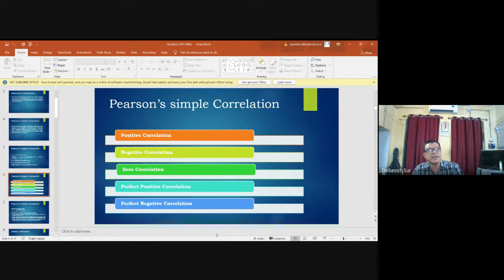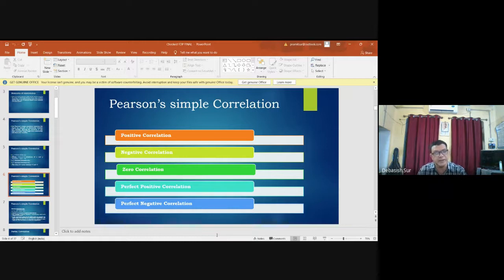That means if we find mathematically a correlation between size of shoes and intelligence score, then this correlation is called spurious correlation or nonsense correlation, because we all know that size of shoe does not influence intelligence score, or intelligence score does not influence size of shoes.